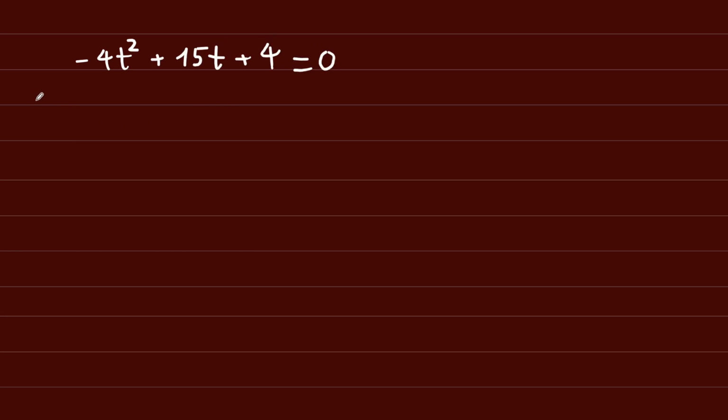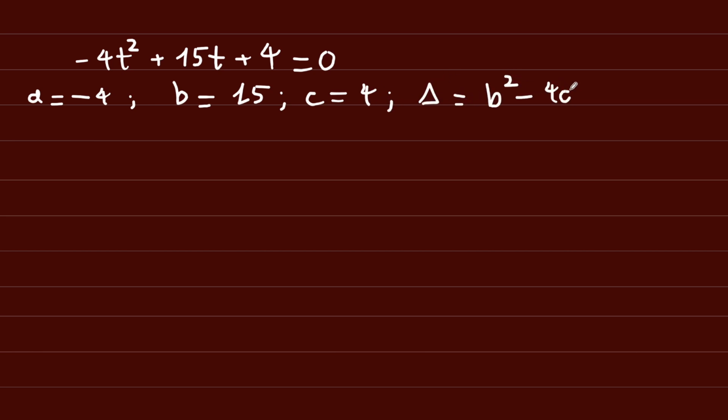About this one, a equal to -4, b equal to 15, c equal to 4, and the discriminant is b squared minus 4ac. b squared means 15 squared, minus 4 times -4, and c, wow, one more time, 4. Okay, and 15 squared minus 4 multiplied by -4 multiplied by 4, you get 289.